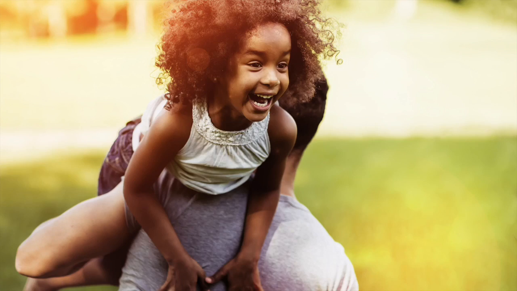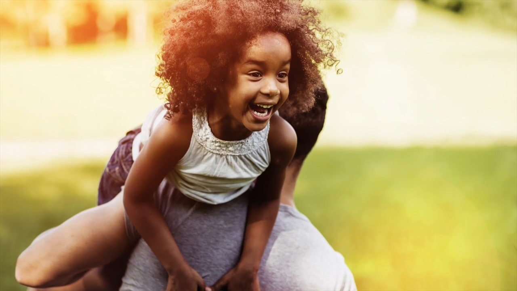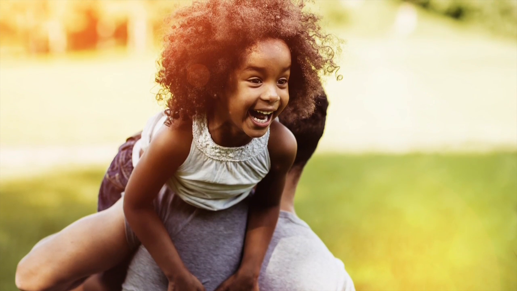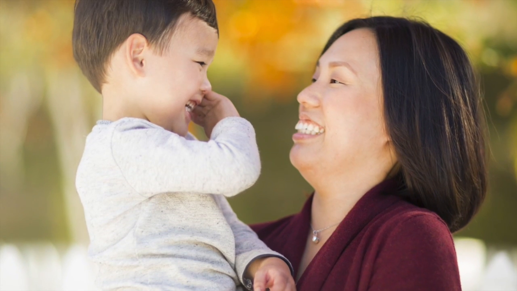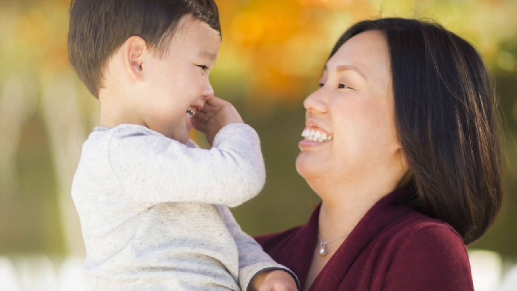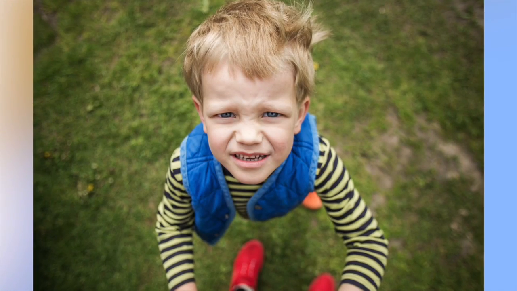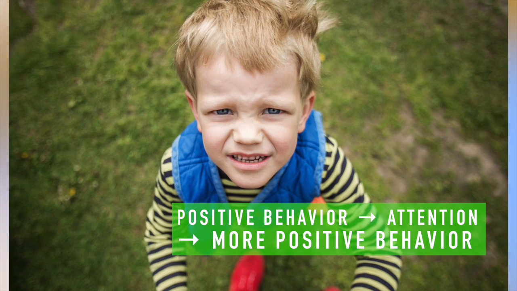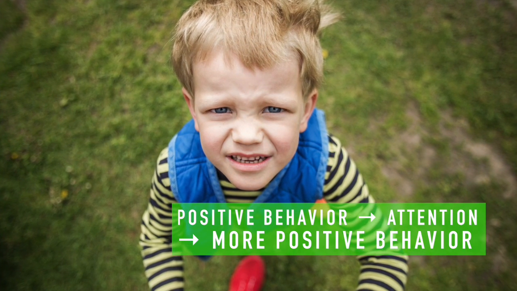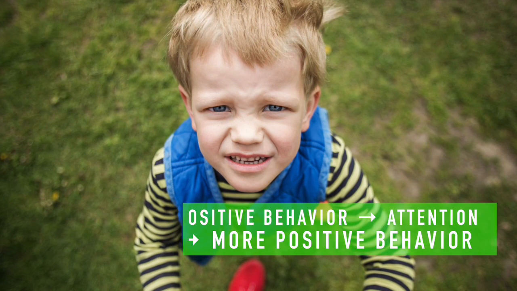If a child behaves in a certain way and likes what happens afterward because something positive, interesting, or enjoyable happens in response, then they are likely to do it again. If nothing positive, interesting, or enjoyable happens after they do something, they are less likely to do it again. So if you pay attention to your child's positive behavior, the child will likely do more positive things because they like the positive attention.